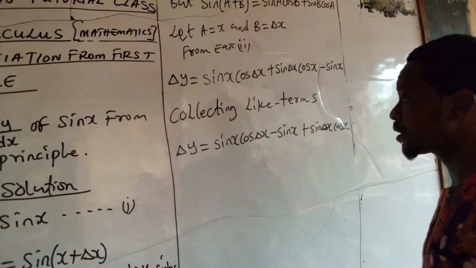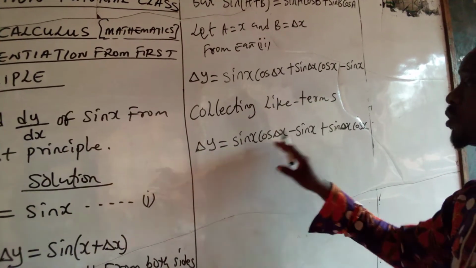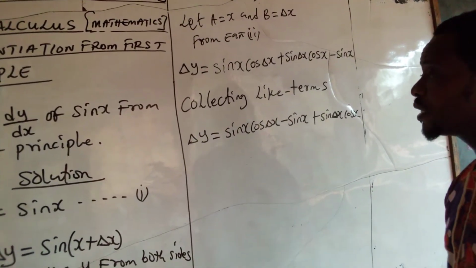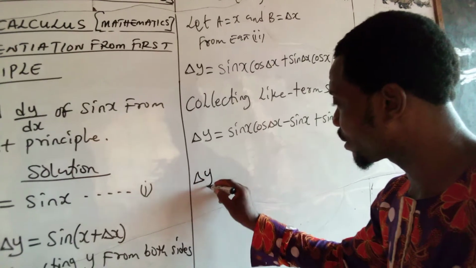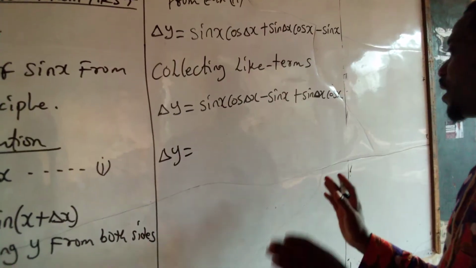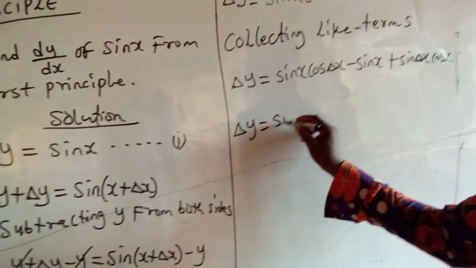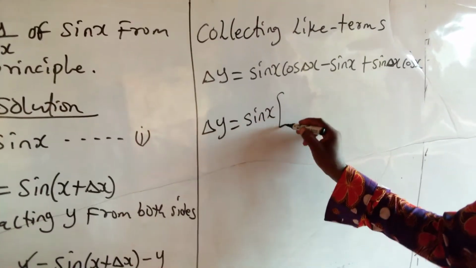Now what you do is factorize. Factorization means you bring out that thing that is common between these two terms. Sine s is here, sine s is here, so you bring it out. It is going to give us sine s, open bracket.